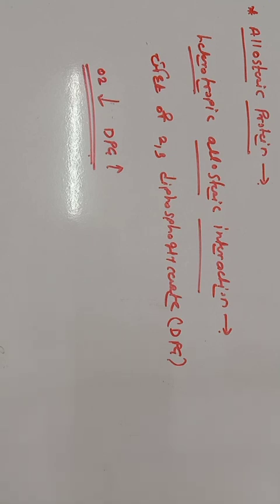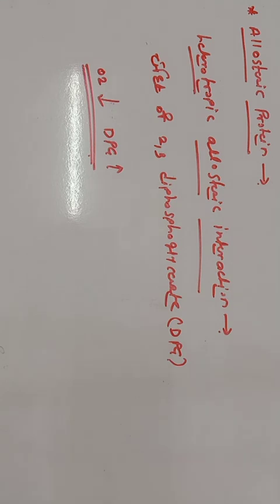In human red cells, DPG is present at about the same molar concentration as hemoglobin. Whenever the DPG concentration is very high, the oxygen affinity of hemoglobin decreases.